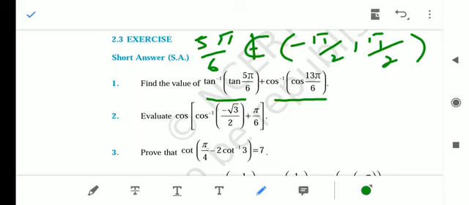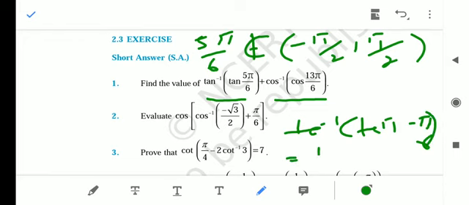So tan 5 pi by 6 can be written as tan of pi minus pi by 6. So we can write it in this way: tan inverse tan of pi minus pi by 6 as 5 pi by 6, and pi minus pi by 6 lies in the second quadrant, so it is negative: -tan pi by 6.